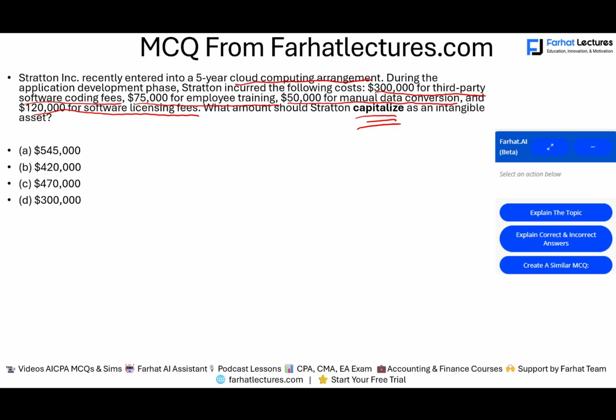So we have 4 expenditures. Starting with the third-party software coding, you're paying someone to code, to build the system for you. Would that be capitalized? I would say yes. $300,000. $75,000 for employee training. Under phase 2, any employee training is expensed. $50,000 for manual data conversion. Also, manual data conversion is part of operating the system.